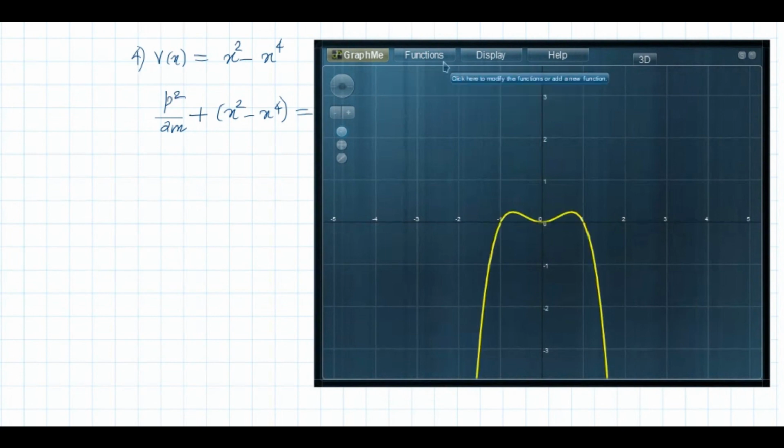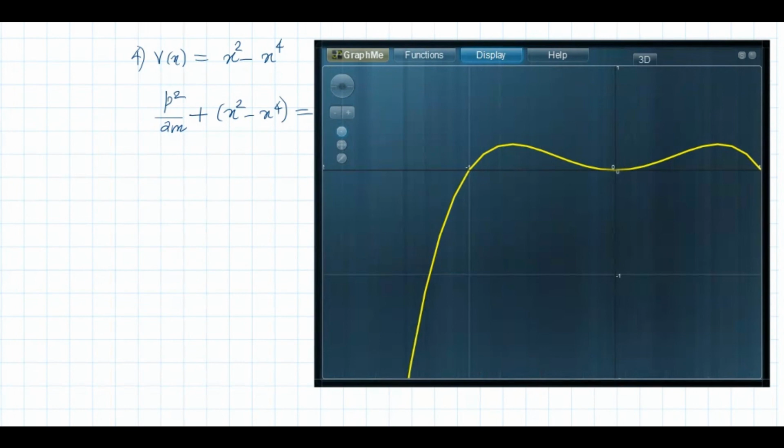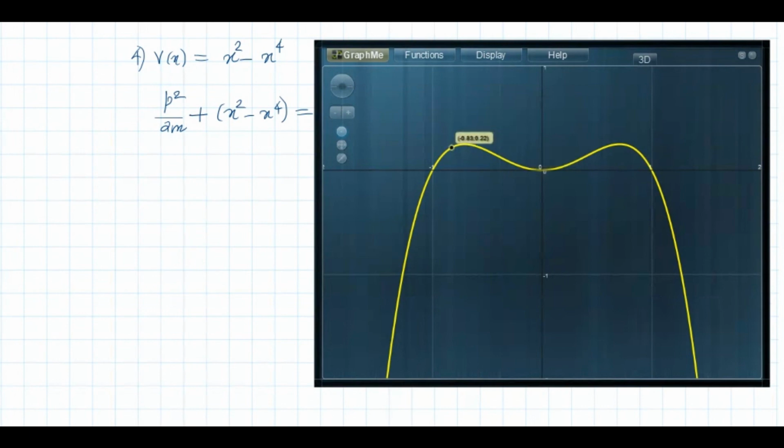This is the potential energy curve. So here you have two maxima and a minima.